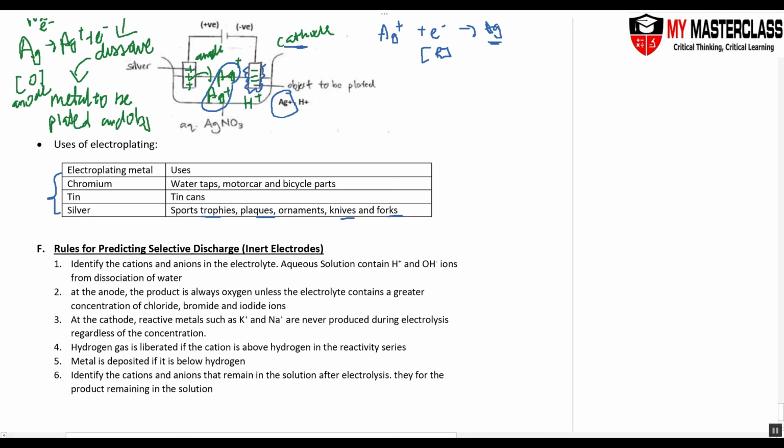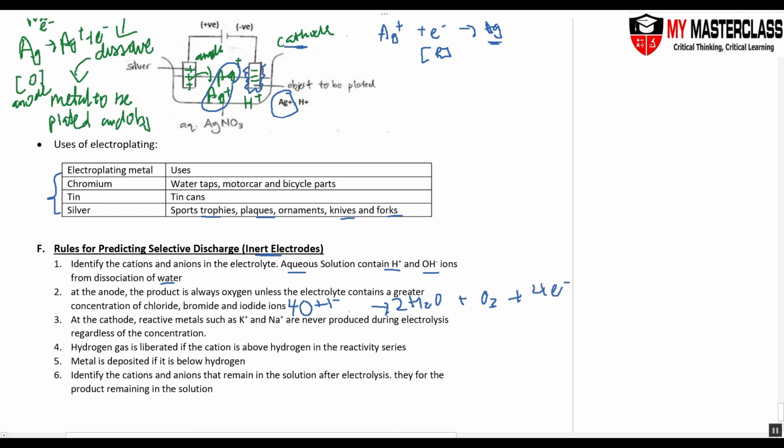Now, the rules of predicting selective discharge. We have inert electrodes. Identify the cations and anions in the electrolyte. If aqueous, I will have H+ and OH- from the dissociation of water. At the anode, oxygen is always produced because hydroxide ions will form H2O plus O2. To balance your equation, you need 4 OH- and 4 electrons.